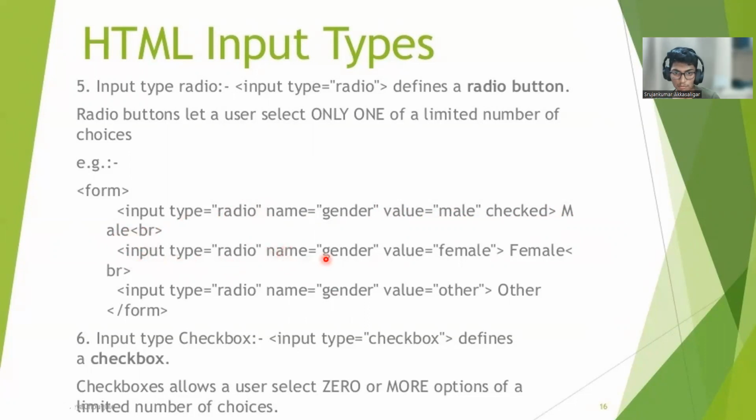Then take another radio button, also named gender, with the value female, and another radio button with the value others, or whatever you want to name it, and then close the form.